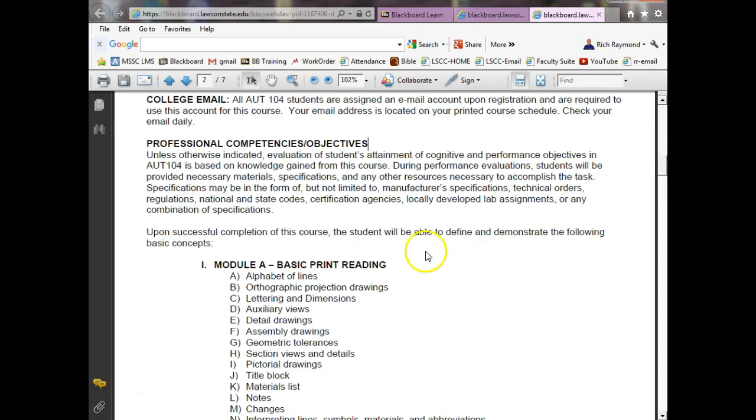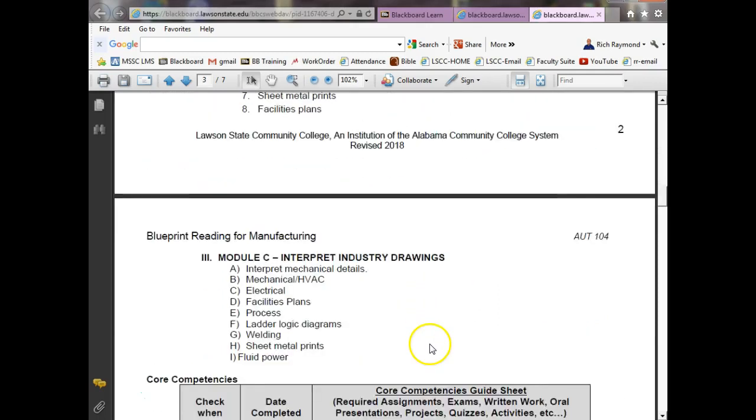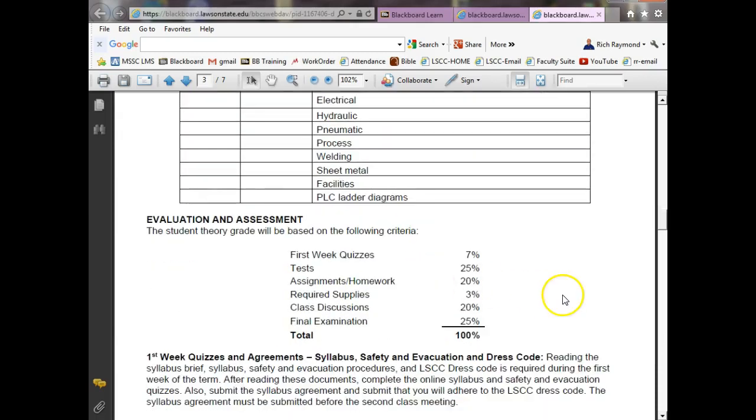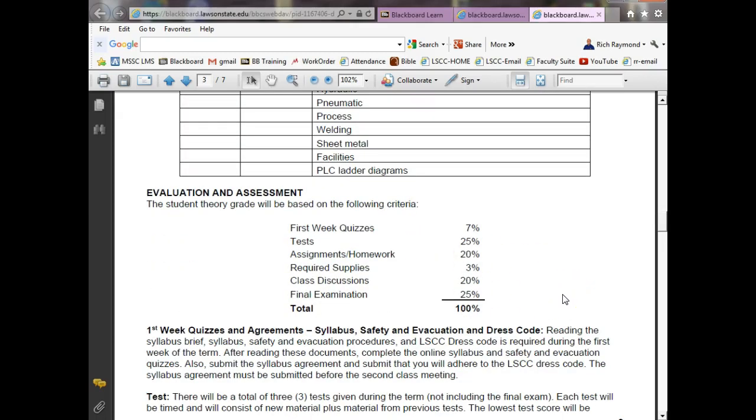These are the professional objectives for the blueprint reading class. This is the scale of how you're going to be graded: first week quizzes, tests, assignments, homework. There's a lot of class discussion in AUT 104. The way that class works is that the instructor will assign you a chapter.